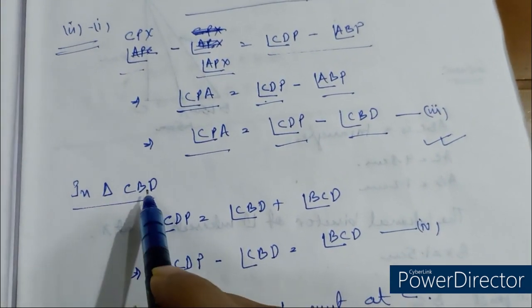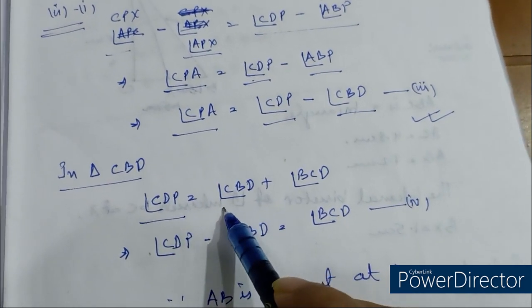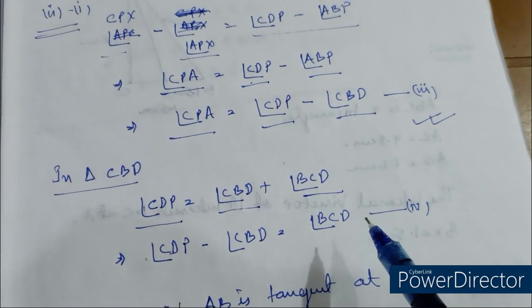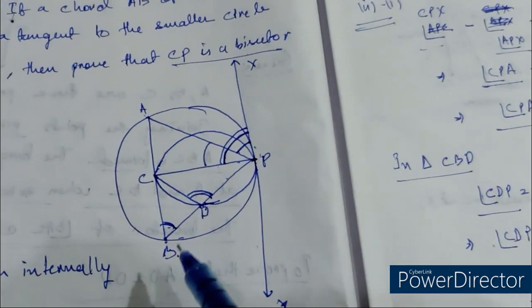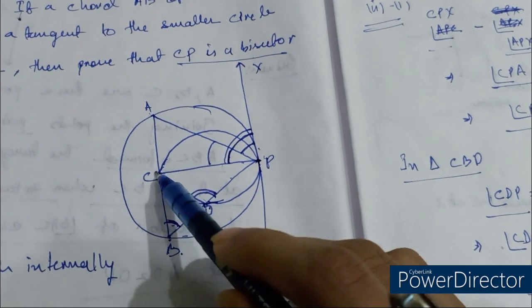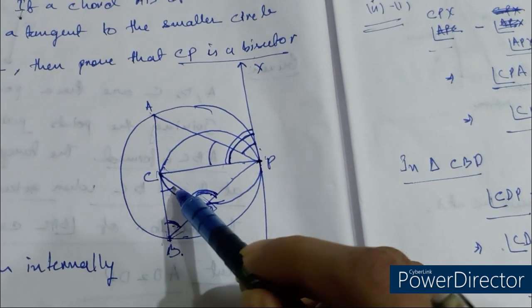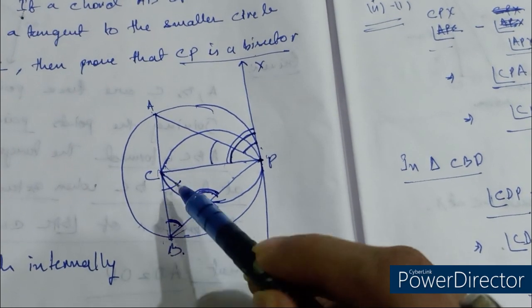Now in triangle CBD, CDP is equal to CBD plus BCD. In this small triangle CBD, this angle will be equal to this angle plus this angle, this is our exterior angle property.